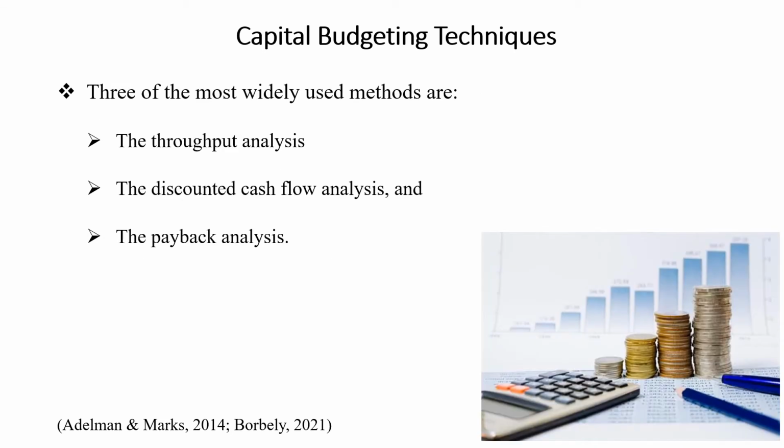Three of the most widely used methods are the throughput analysis, the discounted cash flow analysis, and the payback analysis. Each of these three will be discussed in the following slides.